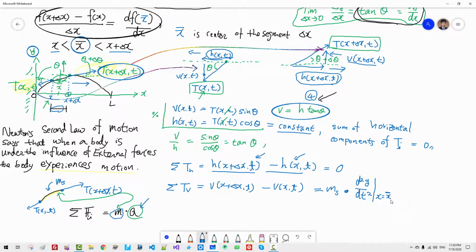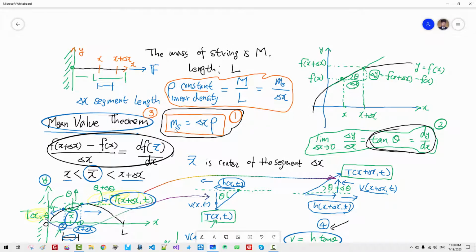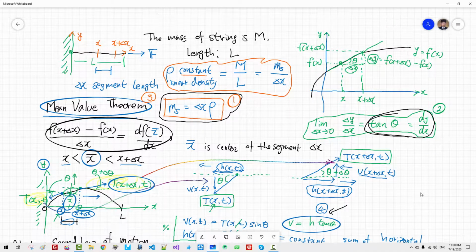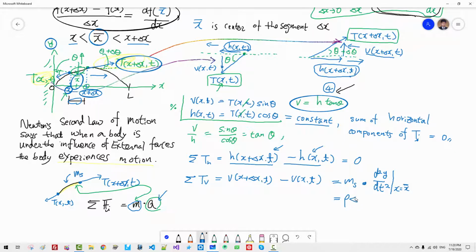Because this x bar is somewhere between x and x plus delta x here. Now I scroll up: the mass of this segment is delta x rho. So I scroll down, equals rho delta x d square y over dt square.